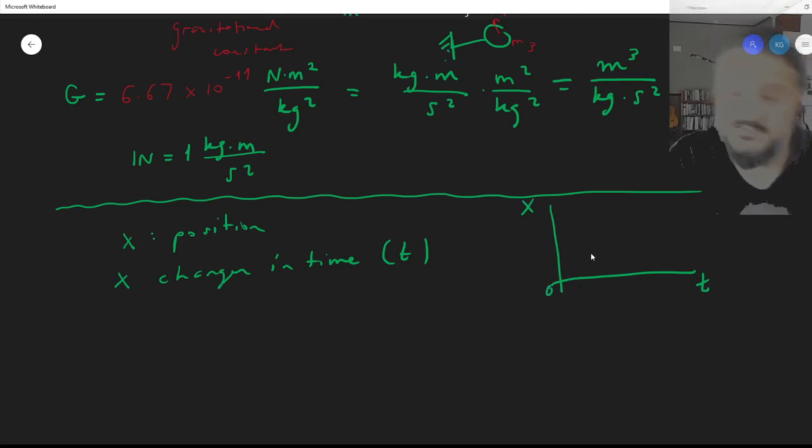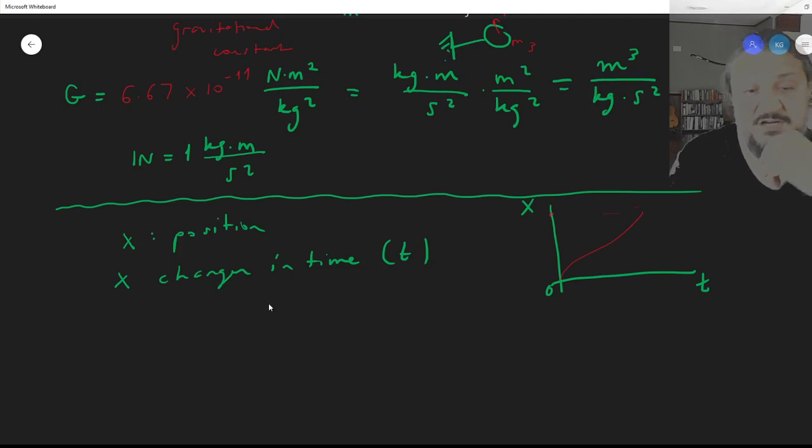I start driving from my driveway all the way to the end of the street, so the position of my car changed along the x direction. In time, I ended up being here.